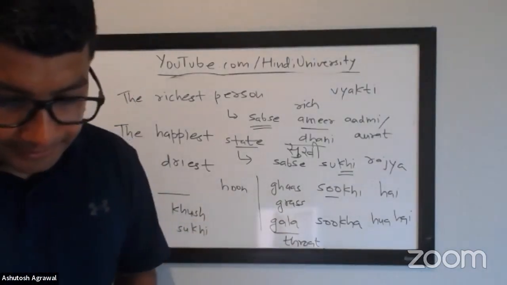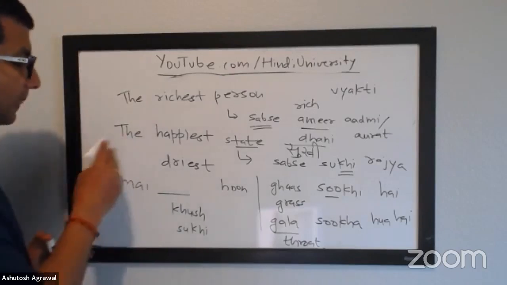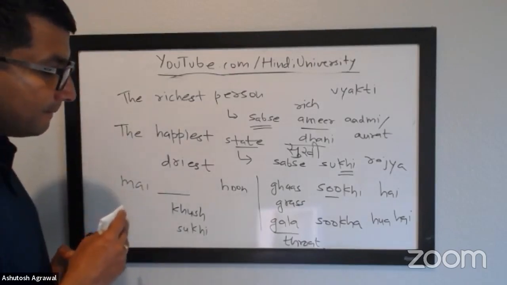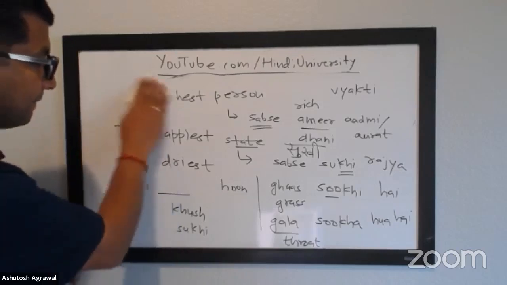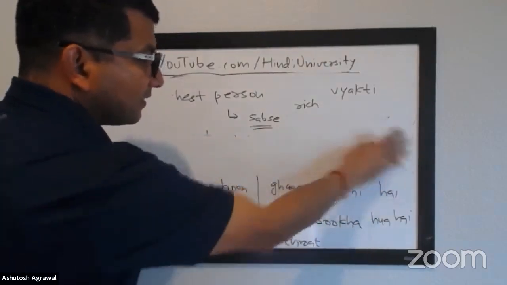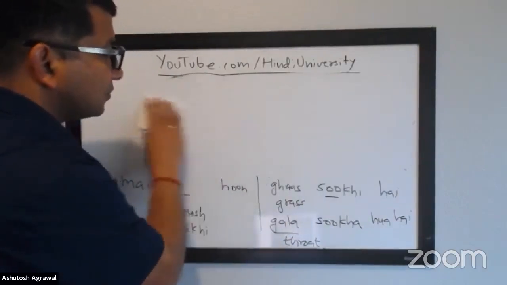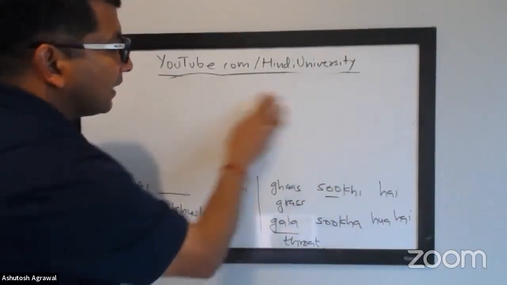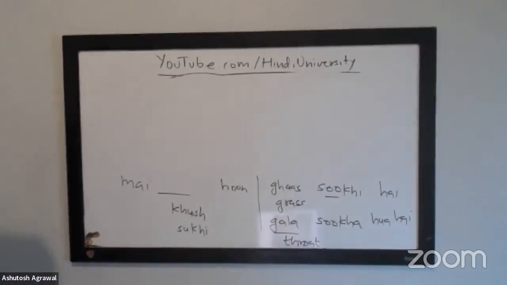Yeah, that wasn't the confusing thing to me. What was confusing was you said in the previous sentence, when talking about the happiest state, that you wouldn't use khush in that sentence. Why did I use खुश? सबसे खुश राज्य. सबसे खुश देश.